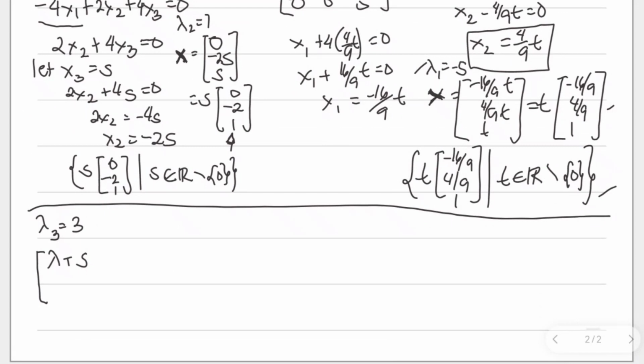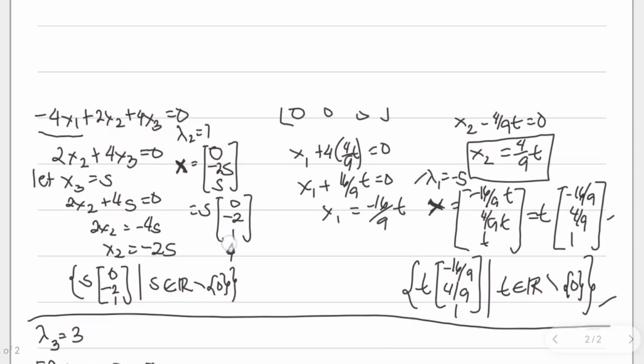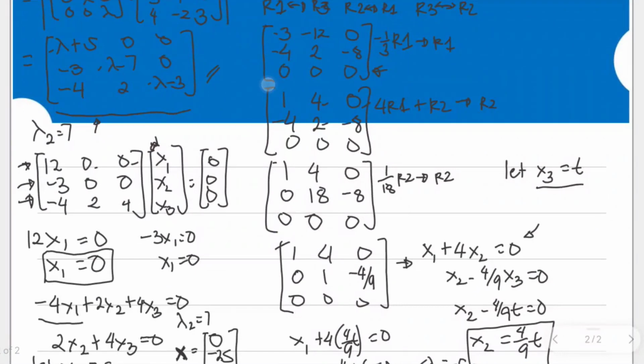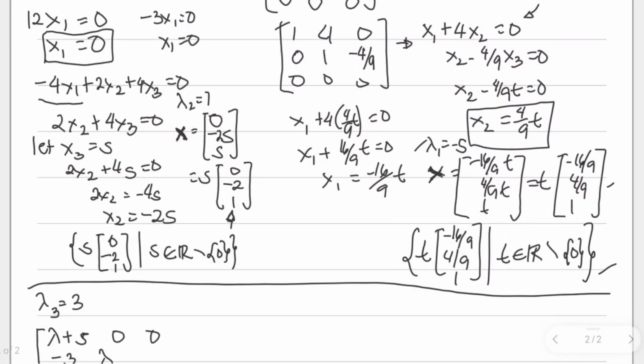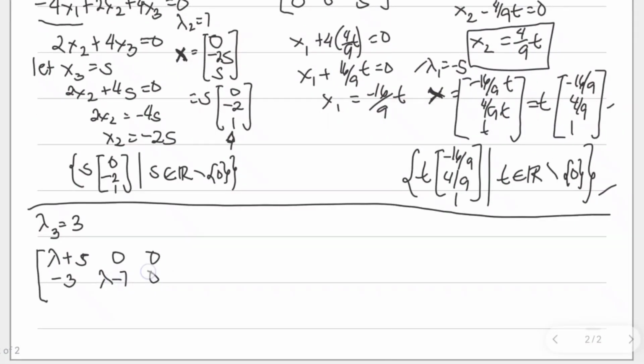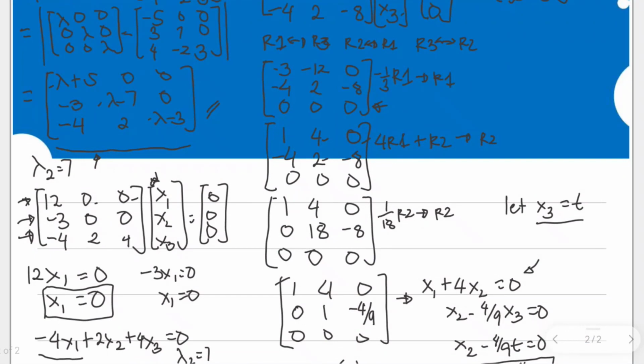That's lambda again plus 5, 0, 0. Negative 3, lambda minus 7, 0. Negative 4, 2, and lambda minus 3. Let us check: negative 4, 2, and then lambda minus 3.